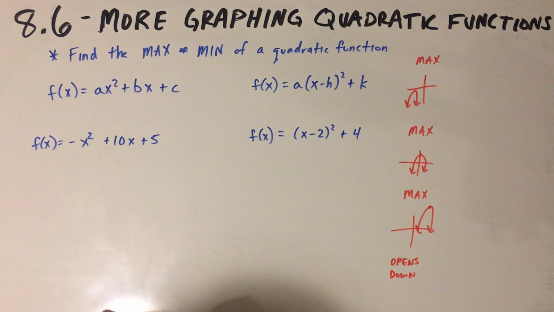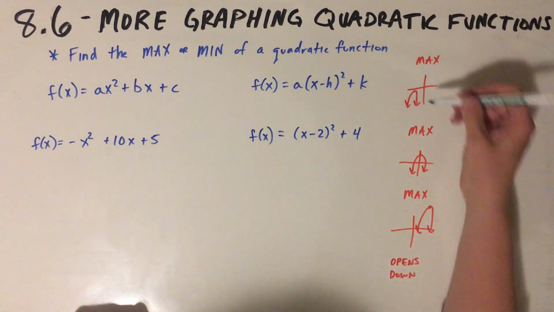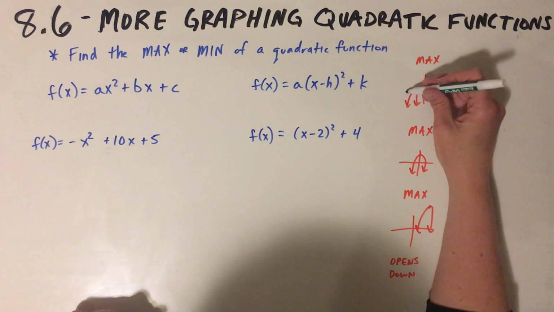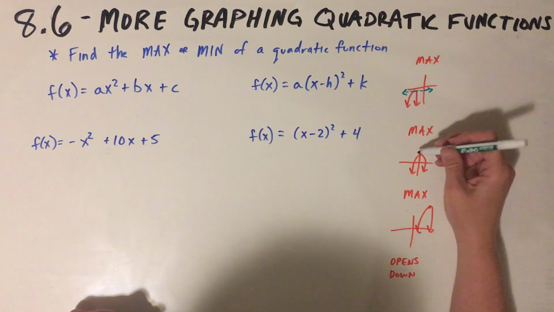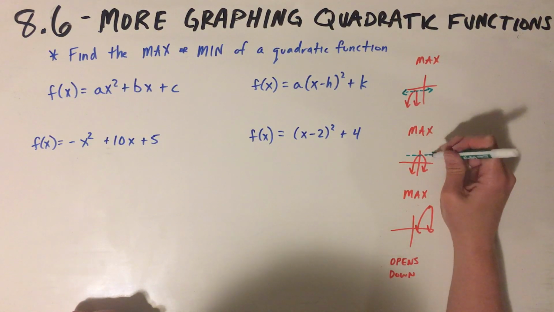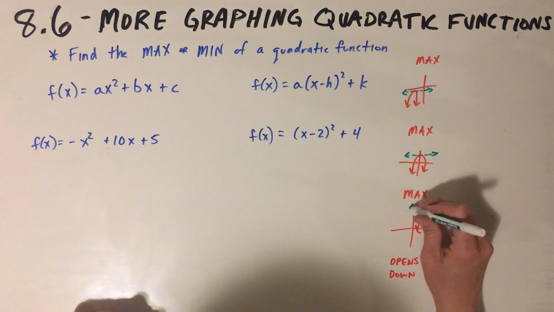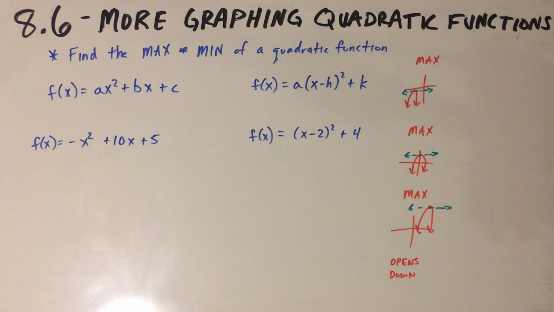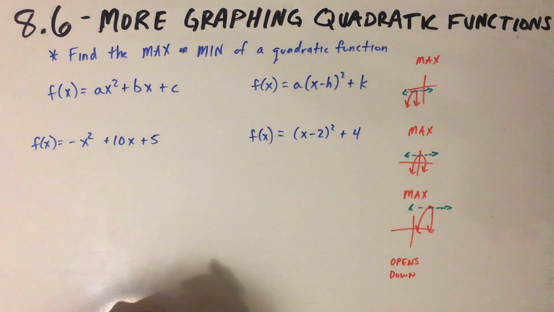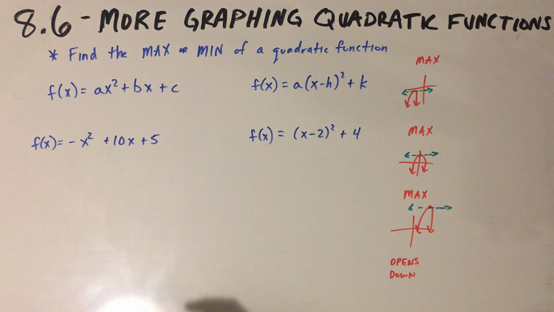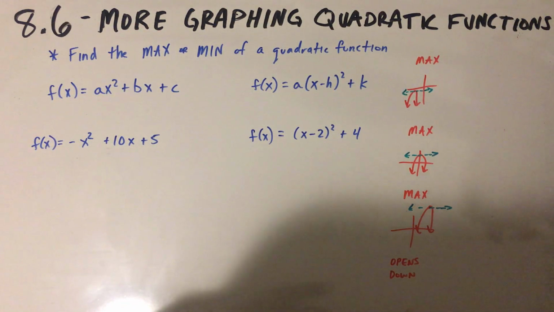And the max value will always be the line that goes across here. In this case, it would be this line. And in this case, it would be this line right here. This is the max value. Well, the max value will be at the y value of the vertex.